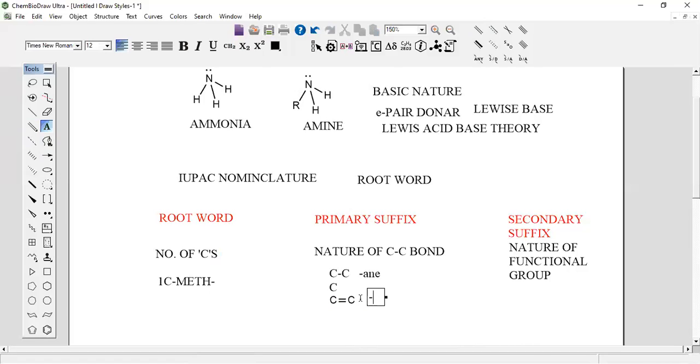Now, a carbon-carbon triple bond. For this we call it yne. What about a functional group?